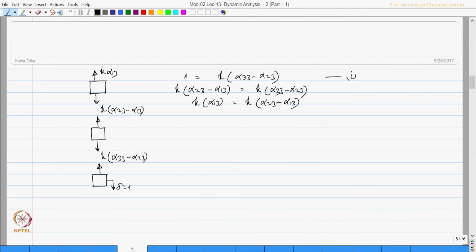Equations 1, 2 and 3. So, from 1 it says that alpha 3 3 minus 2 3 is 1 by k.